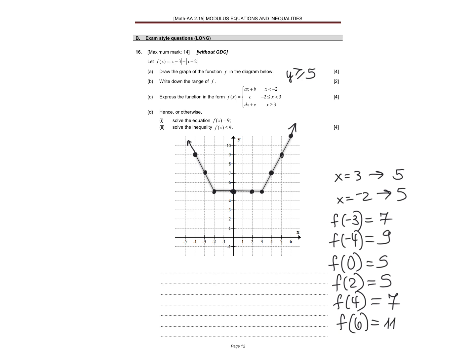Okay, so we want a piecewise function. So this part here in red highlighter, we already know the gradient's -2 because it goes down 2 over 1. And if we continued that, we would get y-intercept positive 1.